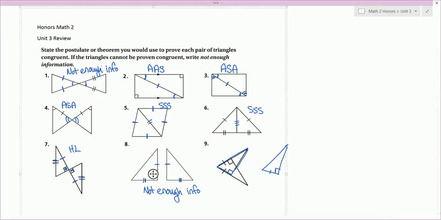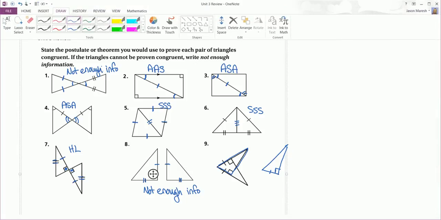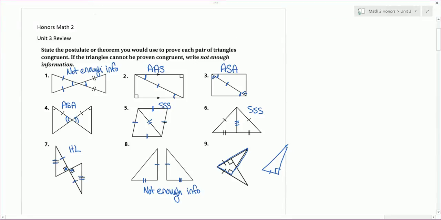And then the one in green here. It's also a right triangle. Also has a matching side there.